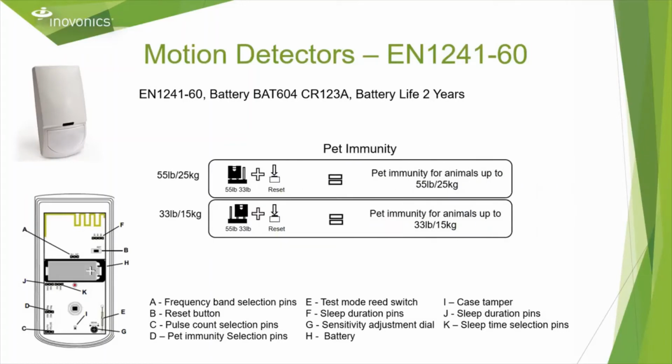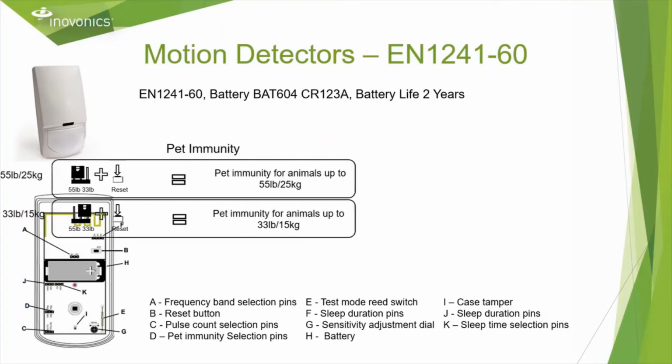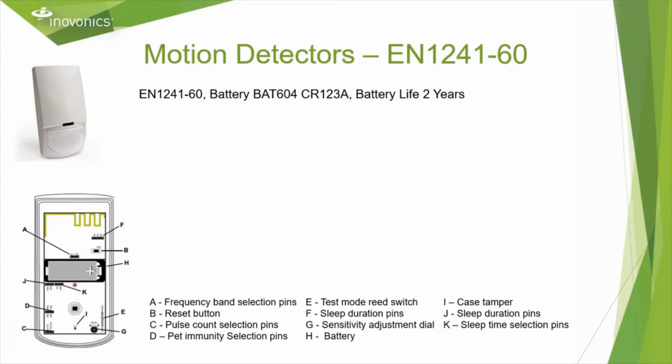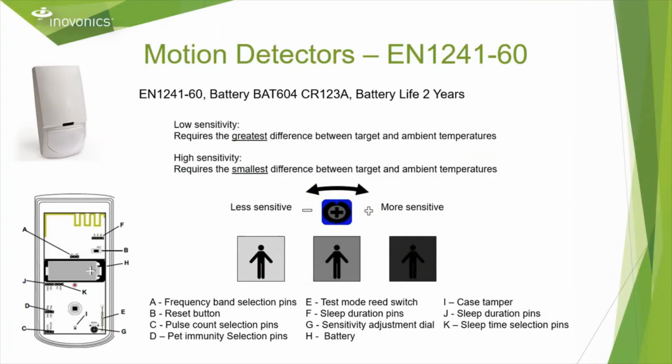The EN1241-60 also has a built-in pet immunity with sensitivity options of up to 33 or 55 pounds. And lastly, it has the ability to adjust the sensitivity of the sensor to provide the most effective activity sensor for your application.